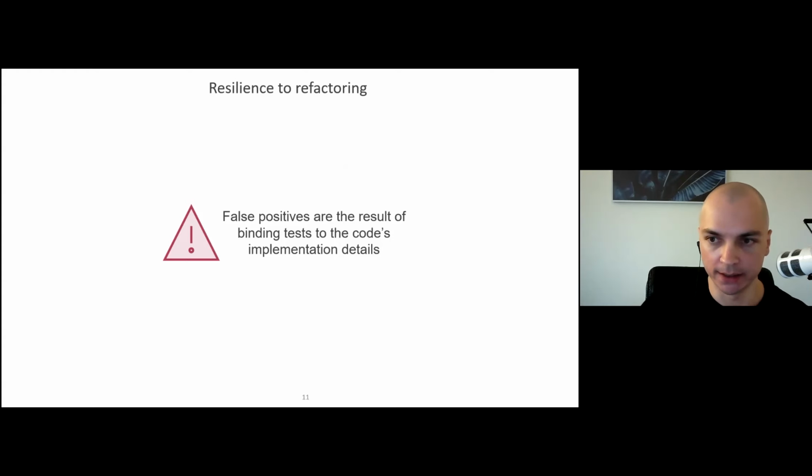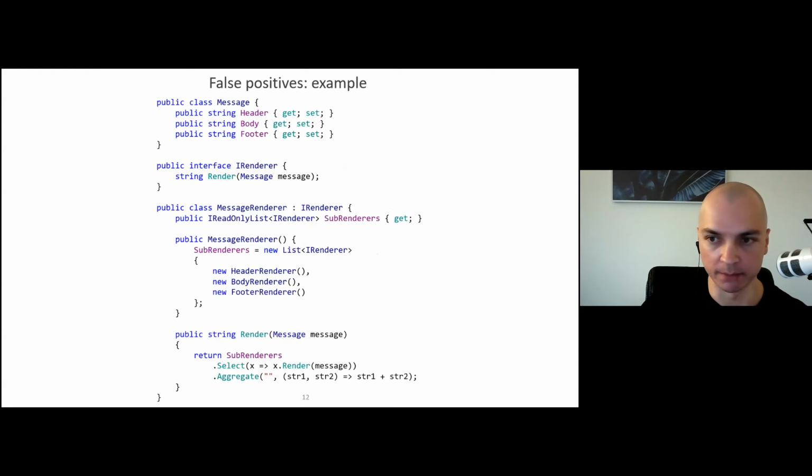Let's take a look at some examples. Here, for example, we have these classes. We have the message class that consists of some header, body, and footer. We also have an IRenderer interface that takes in a message as an input and returns a string as a result. So it renders that message into an HTML message.